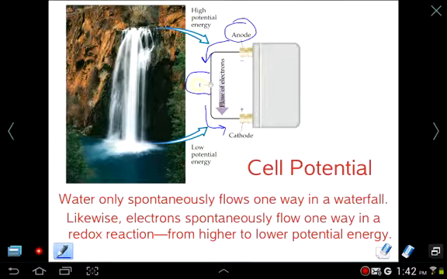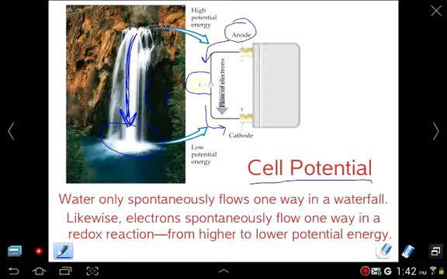Now I'm going to take a look at some math behind this idea, and these will be called cell potentials. The analogy we'll make is to think of the water flowing down a waterfall as releasing energy. We can harness the falling of the water. We can set up some sort of turbine down here that collects this energy, like a water mill of sorts.